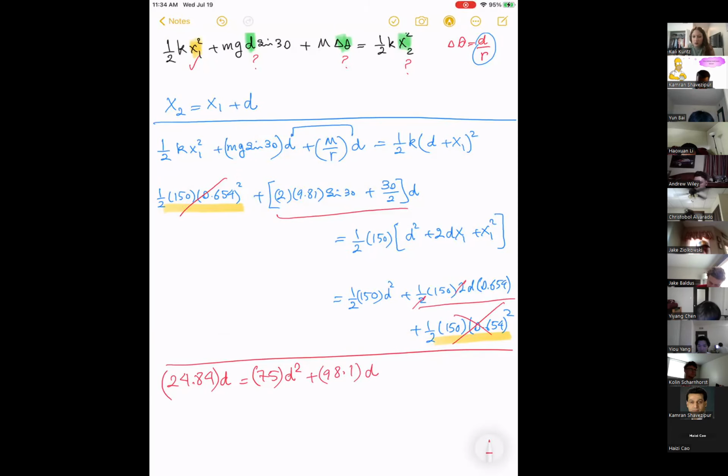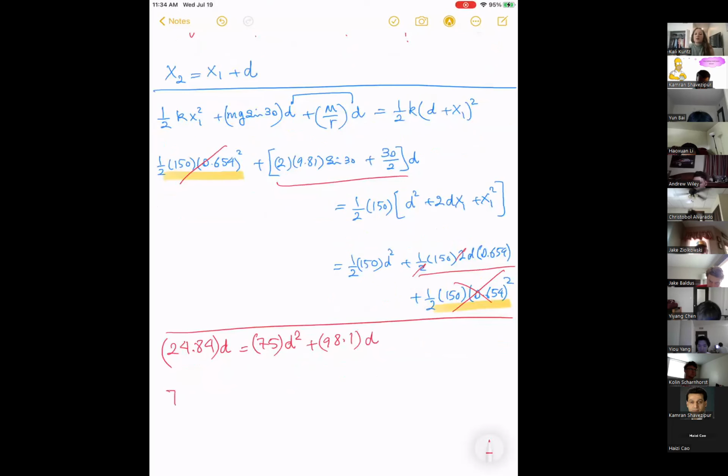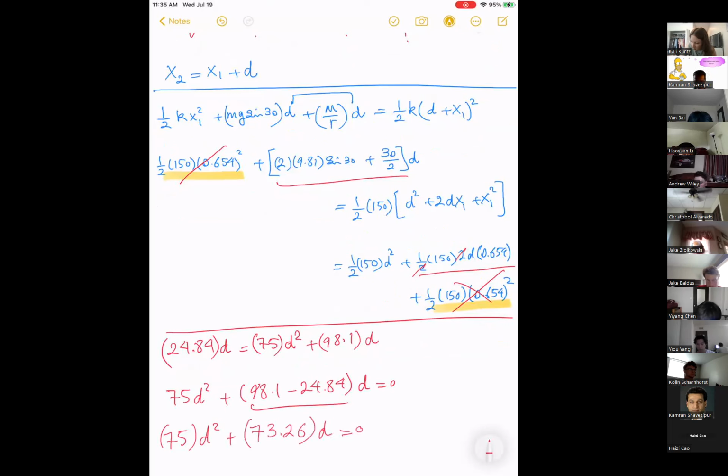Okay. Now I transfer everything to one side. 75D squared plus 98.1 minus 24.84D equals 0. And this, 75D squared plus 73.26D equals 0. How do we solve this problem?